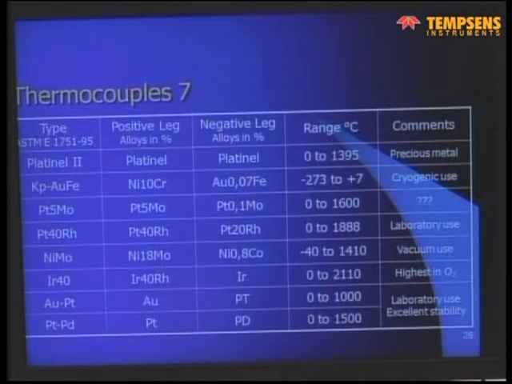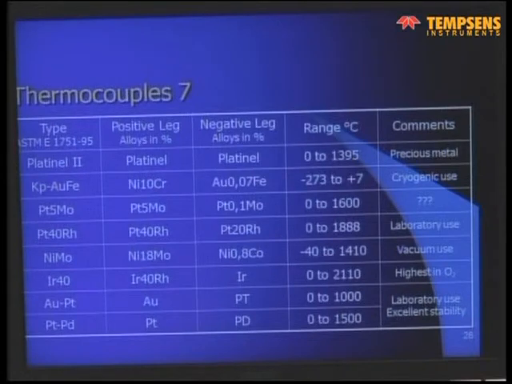The platinum 40 rhodium is the only one which you can use at high temperatures in oxidizing atmospheres. Together with the iridium 40, it is the thermocouple with the highest usable temperature in oxidizing atmospheres.